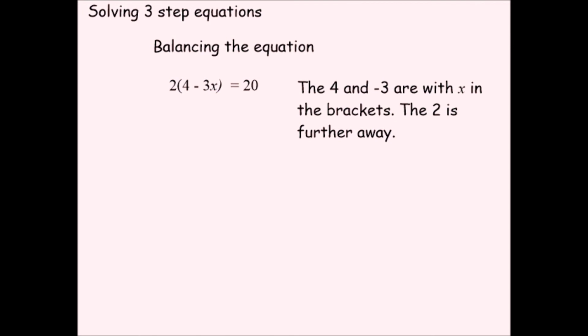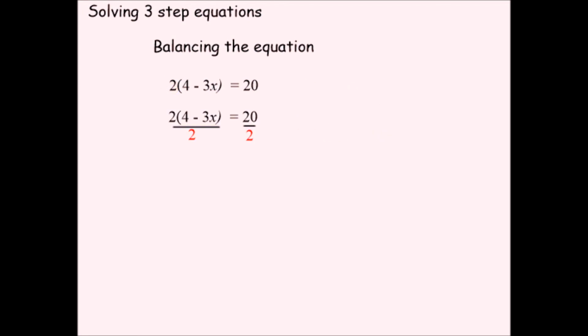So that 2 is timesing the brackets, and therefore to undo that 2, you would divide both sides by 2. So once again, the two 2's cancel out, and we're left with 4 take 3x is equal to 10. Now, I don't need brackets around that 4 take 3x.